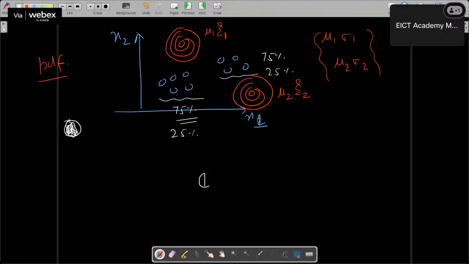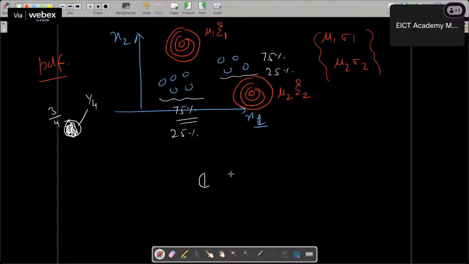The shaded region is 3 by 4, and the blank region is 1 by 4, meaning 75%, that is the probability of this data point, or I should say the likelihood is 3 by 4 to lie under this mu1 sigma 1, and 25% is the likelihood of this same data point to come under this mu2 sigma 2.